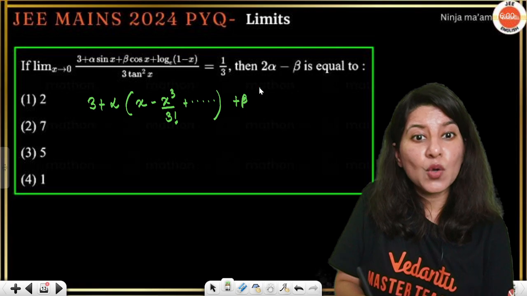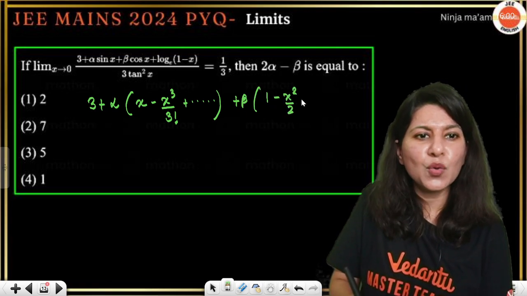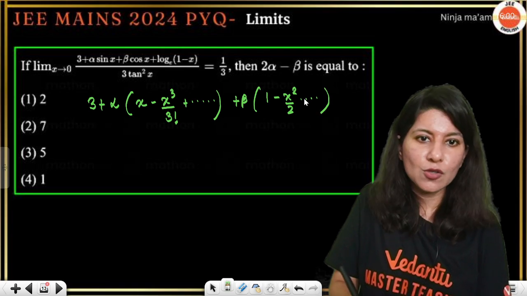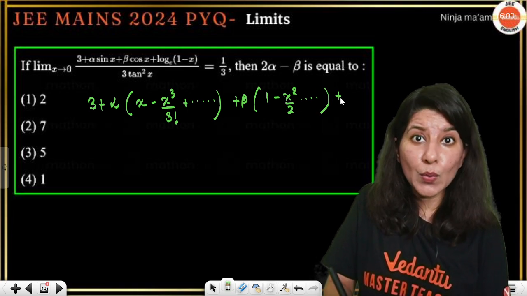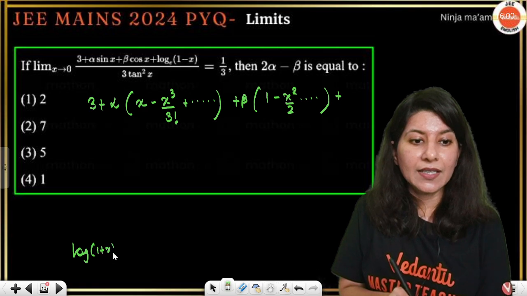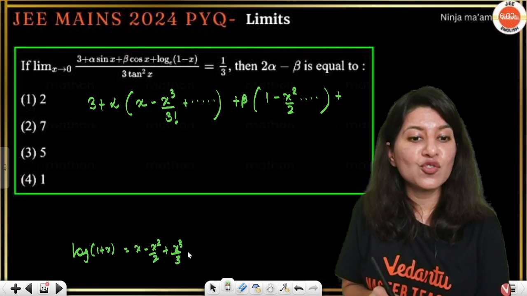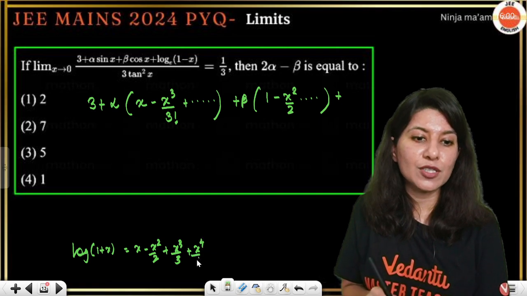Plus beta times cos. Cos is an even function. So 1 minus x square by 2. That's it. We don't need any more terms. Let us stop it over here. Plus log 1 minus x. Acha. Log 1 plus x is x minus x square by 2 plus x cube by 3. There is no factorial in this expansion, first of all.